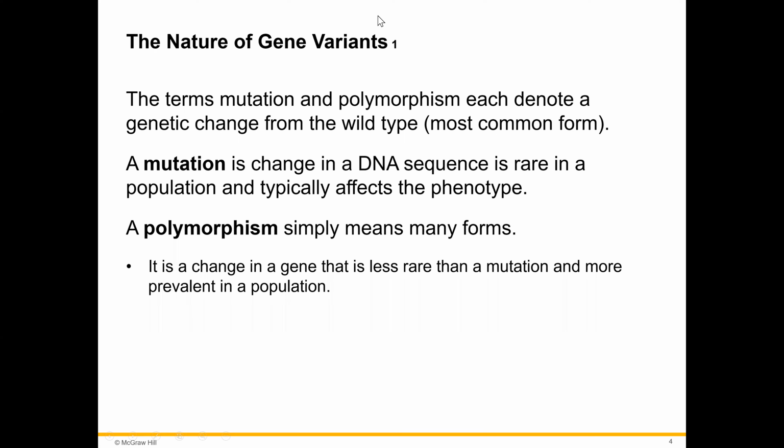Mutation is a change in a DNA sequence, and mutation is rare in the population and typically affects the phenotype. Polymorphism simply means many forms. It is a change in a gene that is less rare than a mutation and more prevalent in a population.